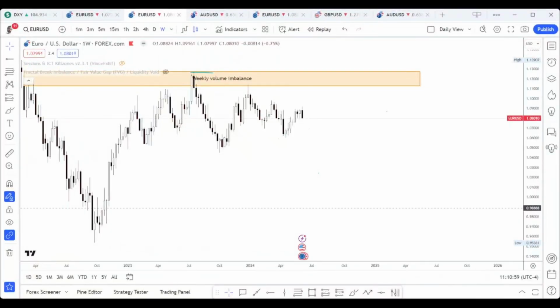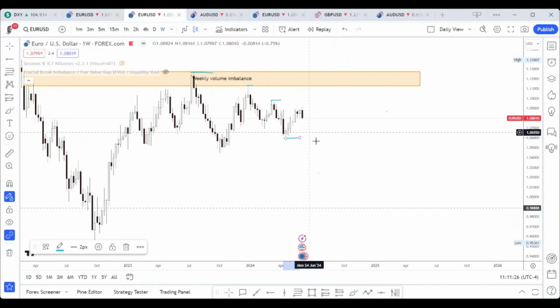So if I ask myself what I want to see from here on the weekly chart, I would say that I want price to go up from there, probably take this high, and eventually this high. And what I do not want to see is price come down and take this low.